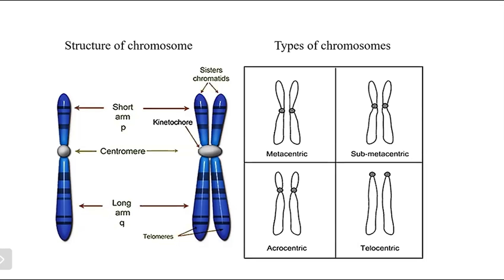And last is telocentric, where the centromere is at the end. Telos means end, so the centromere is at the tip of the chromosome, and that chromosome has only one arm. So these are the types of chromosome based on the position of the centromere. This entire part was some basic points which I wanted to convey before we start.